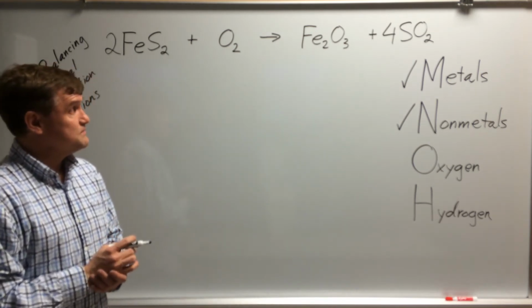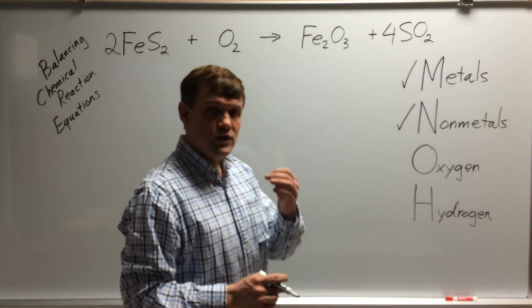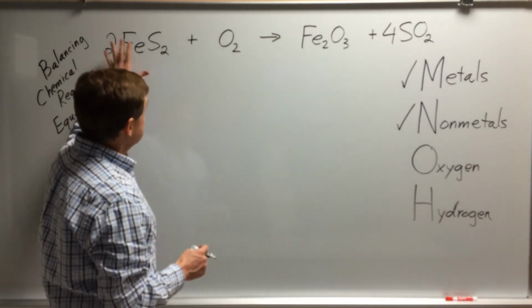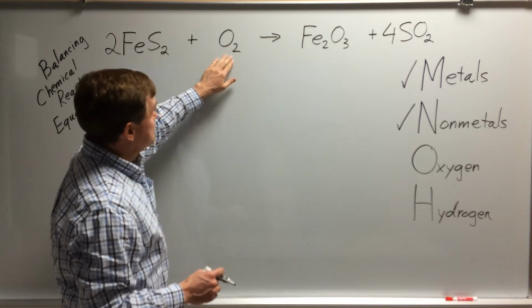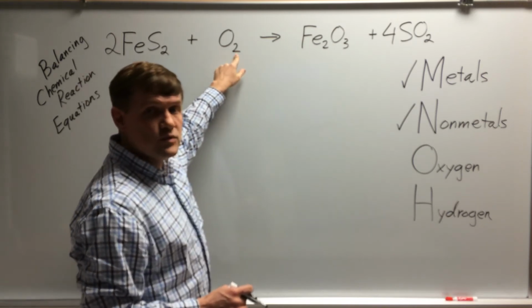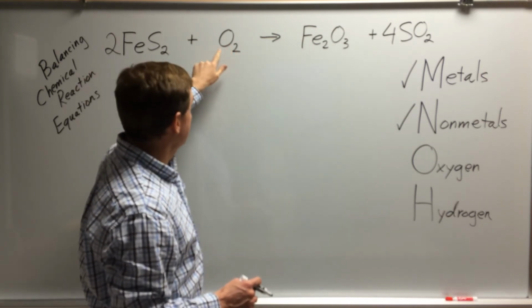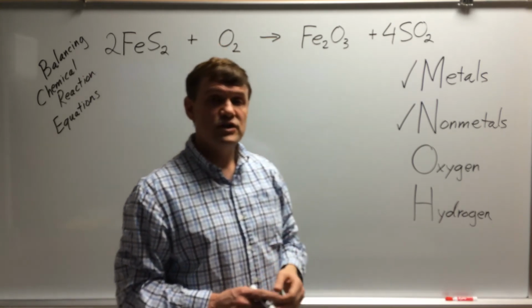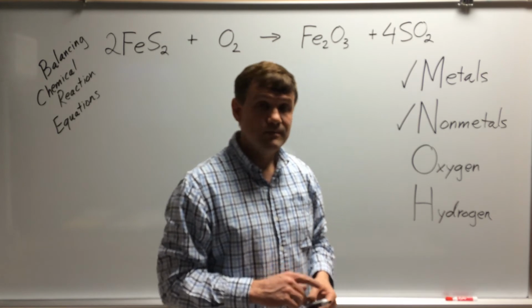Next step, oxygen. Now, another little nuanced step I want you to be aware of. If you see on the left side here, this oxygen here, it's got a 2 right there. That means whatever coefficient you put in front of that, the number of oxygen atoms is always going to be even.